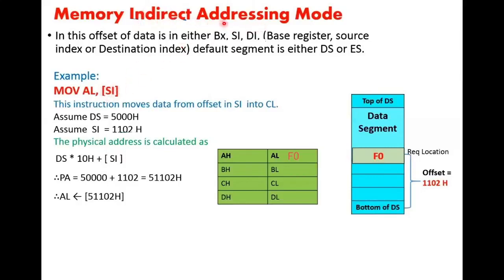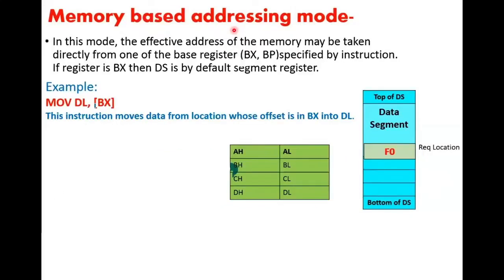Commonly, if one of these registers is used inside the square bracket, it is indirect addressing mode. Particularly, if I use a base register, then it is based addressing mode. Similarly, if I use an index register, then it is indexed addressing mode. See here, I used a base register, so it is based addressing mode.